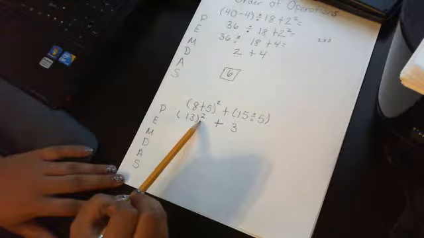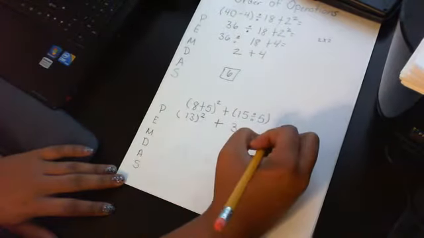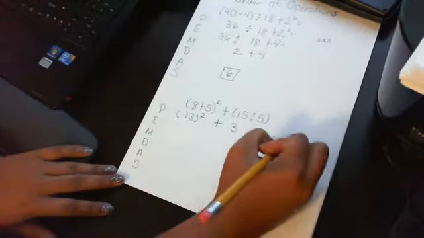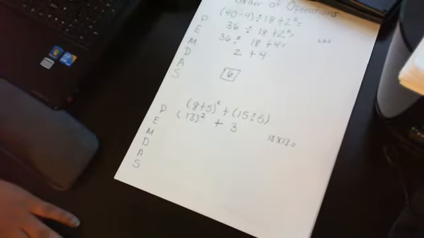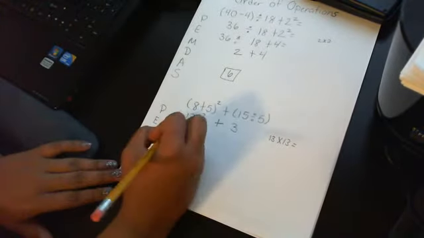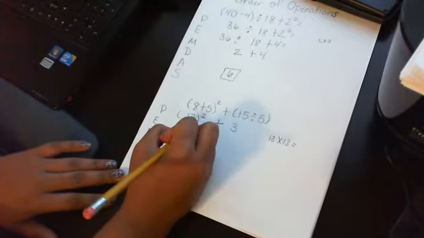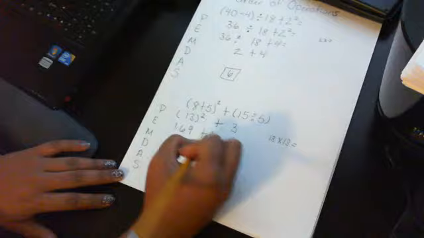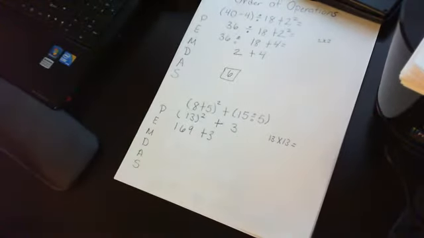And the number at the top tells us how many times we write it. So I'm going to put a little side note over here. 13 times 13. And 13 times 13 is 169. So once I simplify that expression, I get 169 plus 3 because we didn't do anything to it.